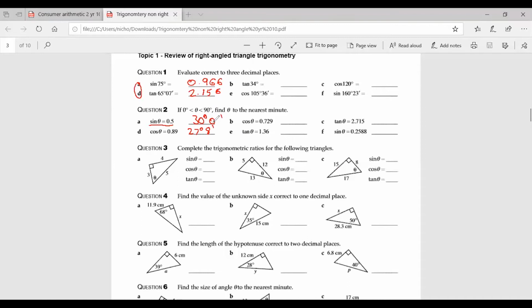Perfect. All right, so complete the trigonometric ratios for the following triangles. Can I get you to walk me through these ratios?